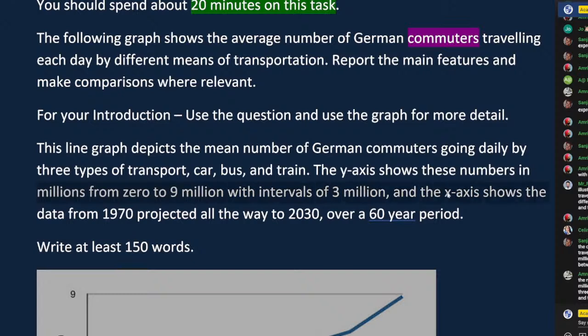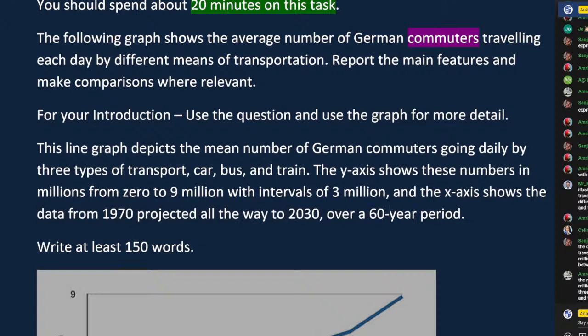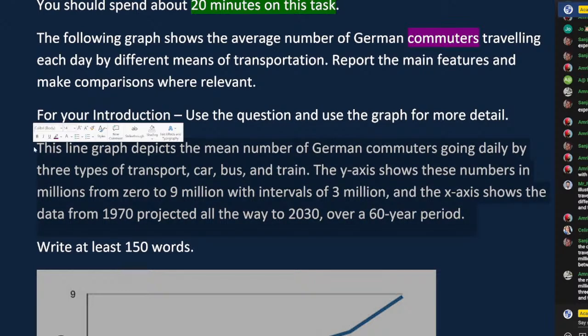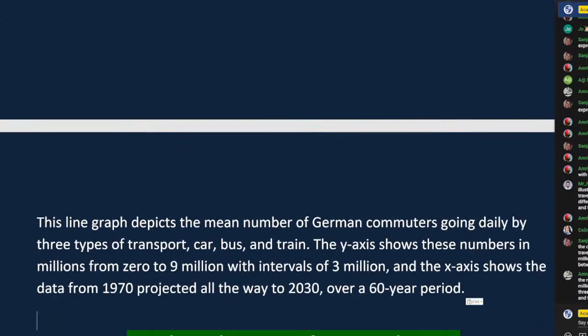And the x-axis shows the data from 1970 projected all the way to 2030 over a 60-year period, hyphenated because it becomes an adjective, 60-year period. Okay? All right, so that is my introduction to my line graph.